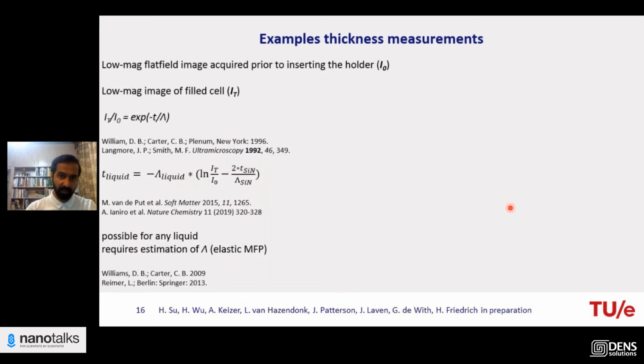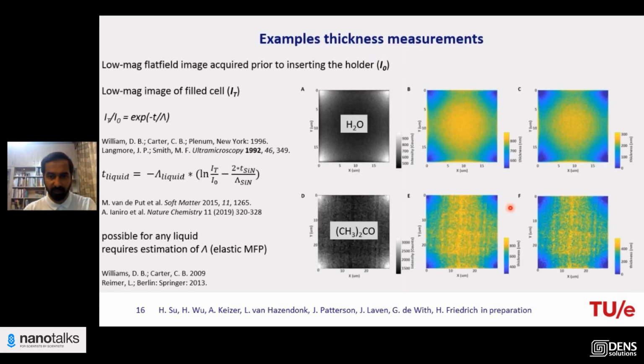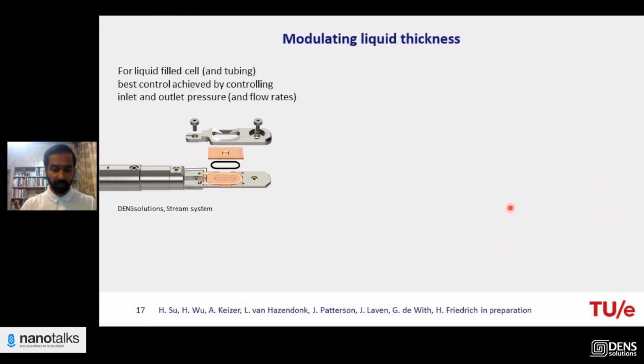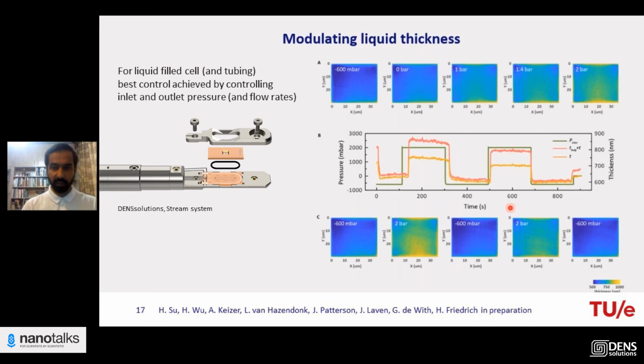So there have been calculations regarding the elastic mean free path of the sample that you use in the system, and for different mediums you can actually have a profile of the thickness in each of these experiments, which we use for background subtractions in each of the previous experiments that I told you.